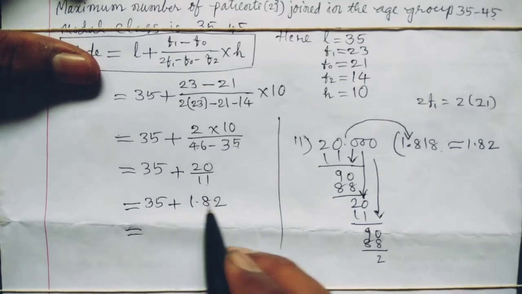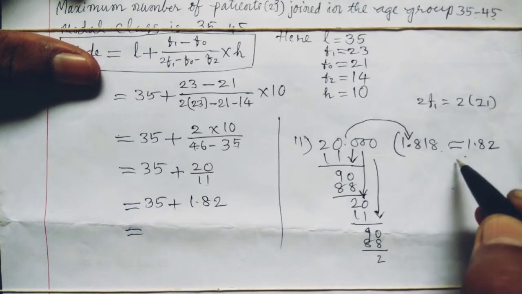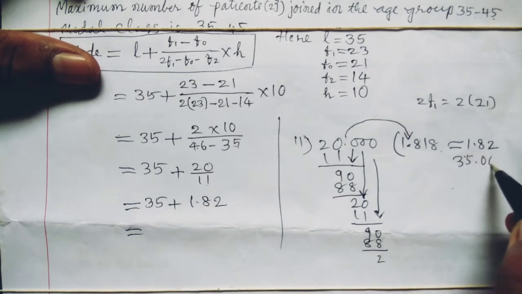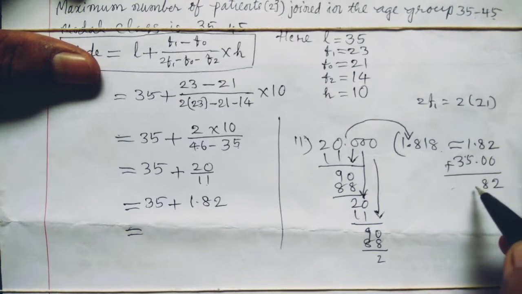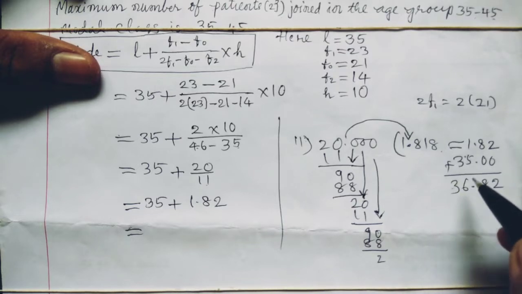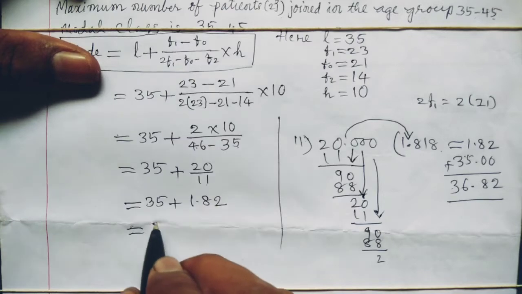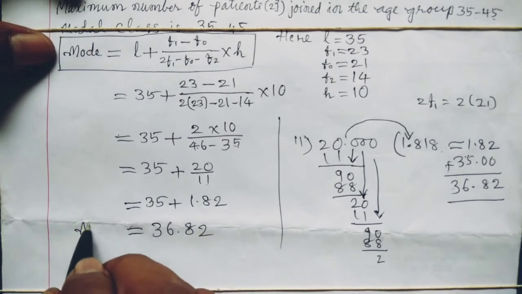That is equal to 35 plus 1.82, which is 36.82. This is the mode.